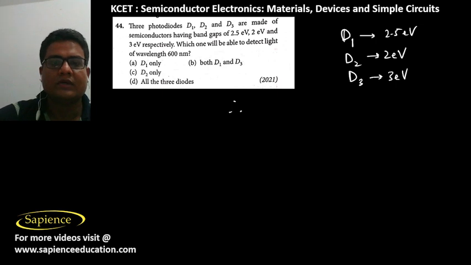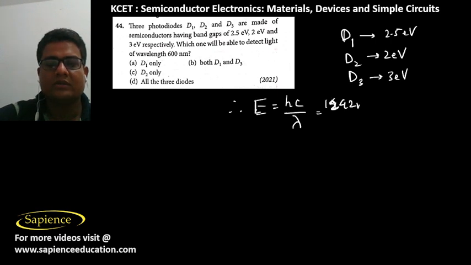So first we have to find what is the energy of a photon having wavelength 600 nanometer. So E will be equal to hc by lambda. But hc is 1242 nanometer electron volt, that divided by lambda, that is 600 nanometer. So nanometer will cancel, so 6 2 are 12, 6 7 are 42, so it is 2.07 electron volt.